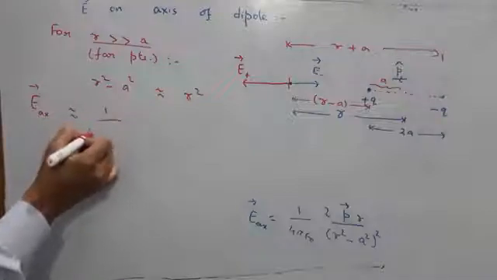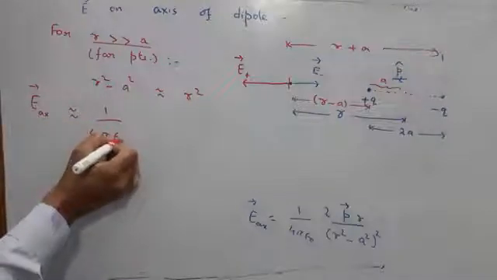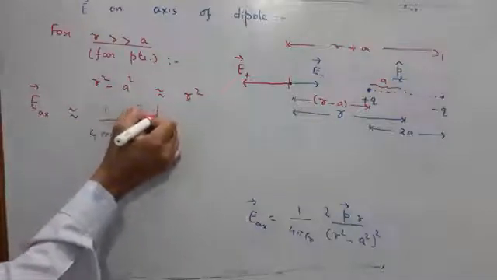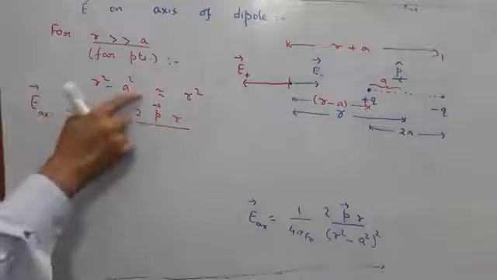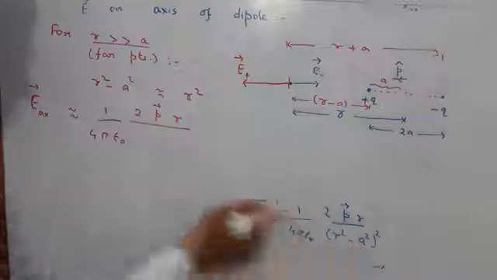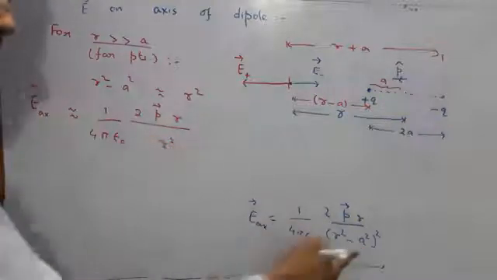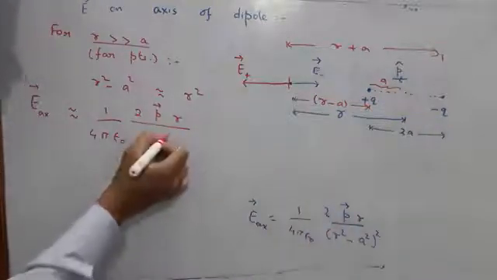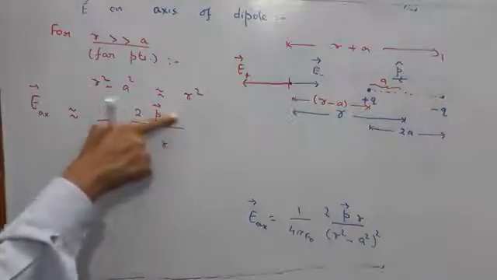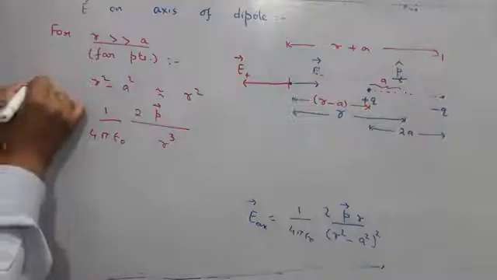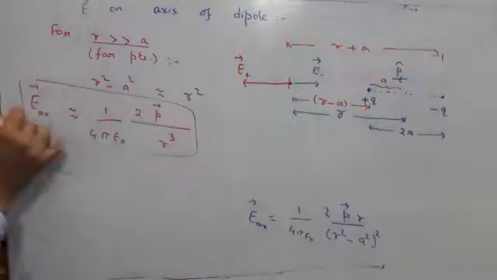So this becomes 1 upon 4 pi epsilon naught, 2 will be there, p vector will be there, r will be there, and this denominator will become, instead of r square minus a square, we'll write r square and then its square, so it becomes r power 4, and this r and this will cancel, so it becomes r cube. So this is an important relation which you have to remember.